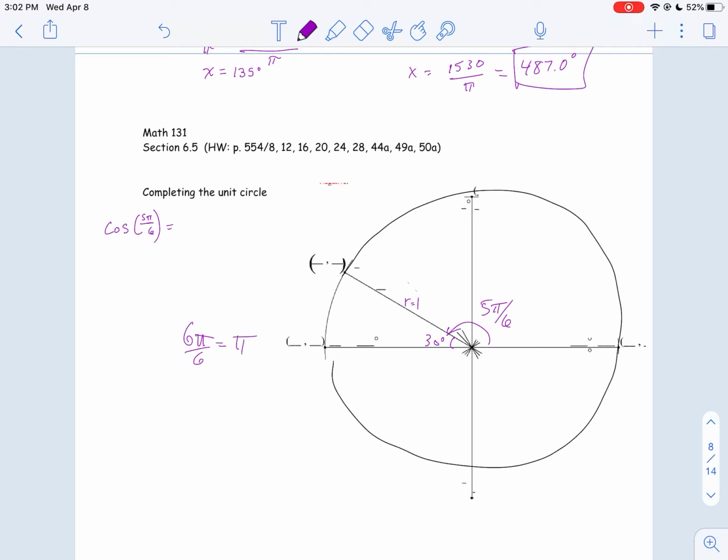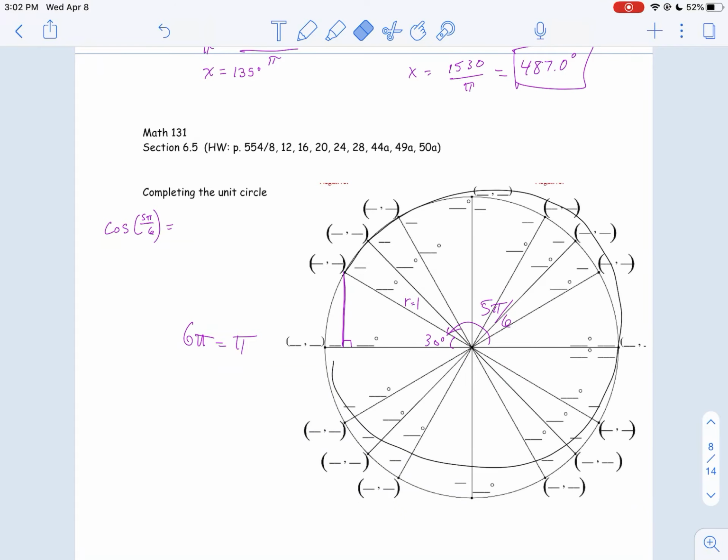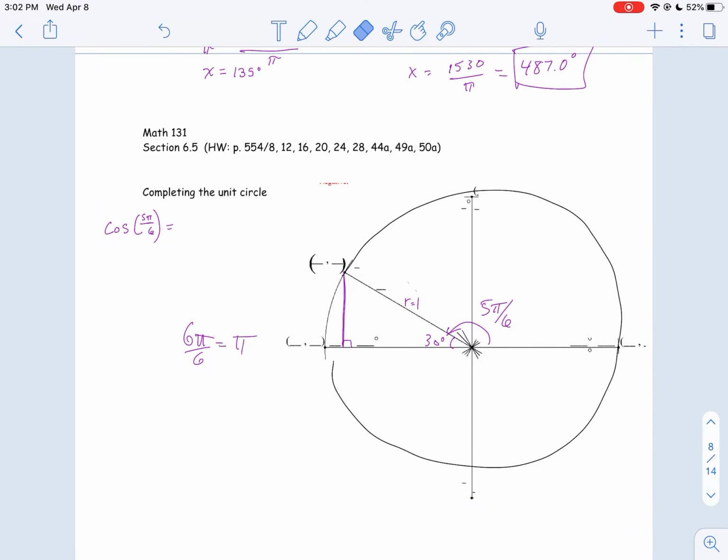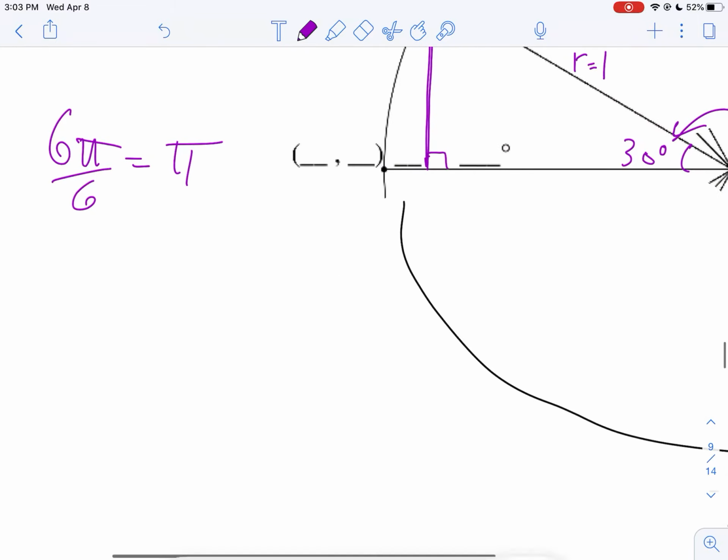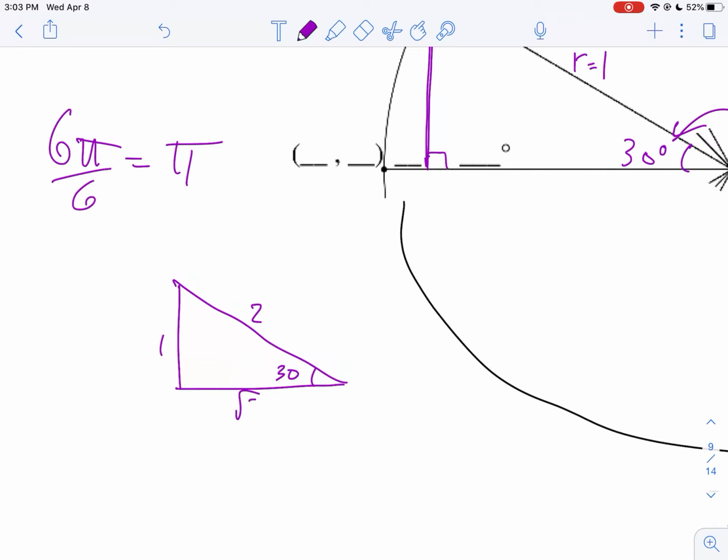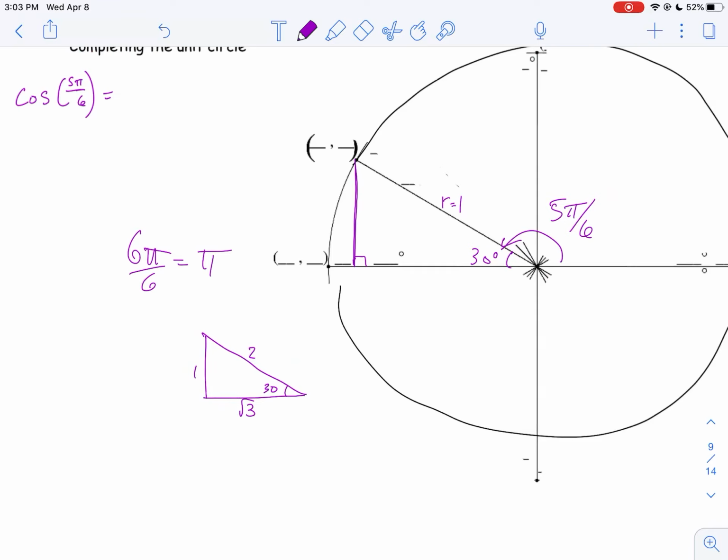We then can look at this right triangle here. The issue with this, it's not really an issue, is that we know a 30-60-90 triangle has a ratio of 1 to square root of 3.